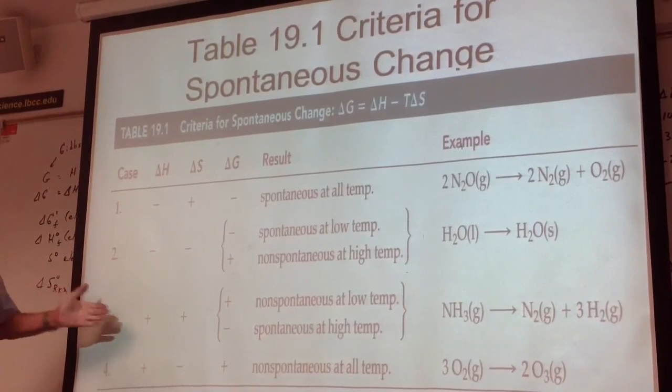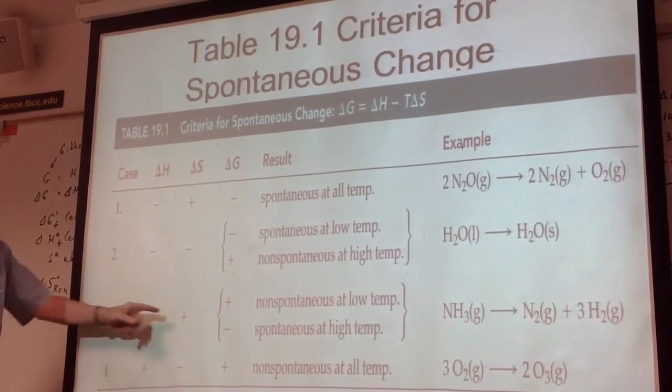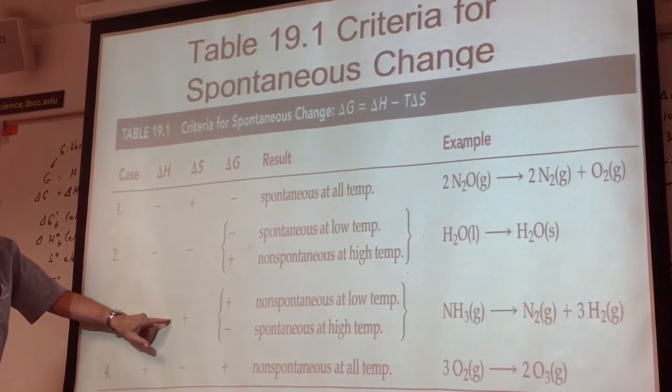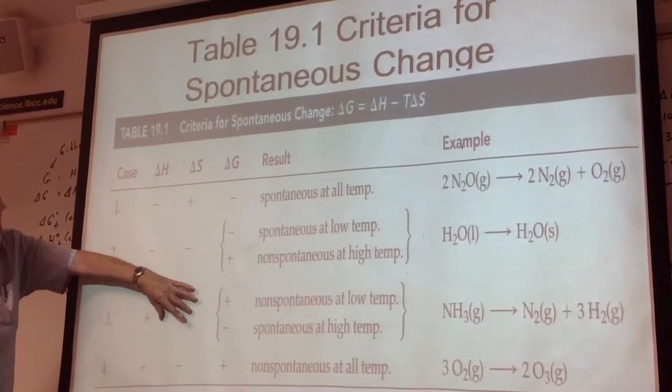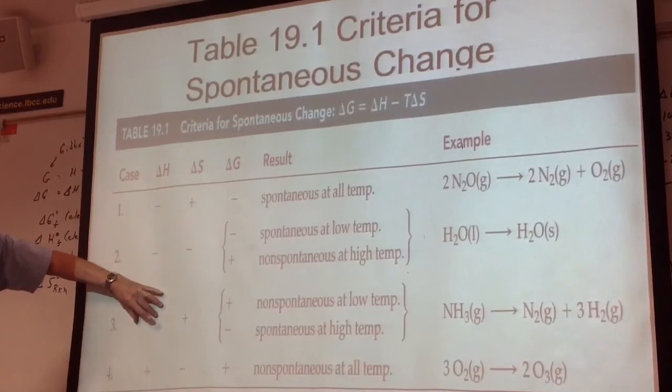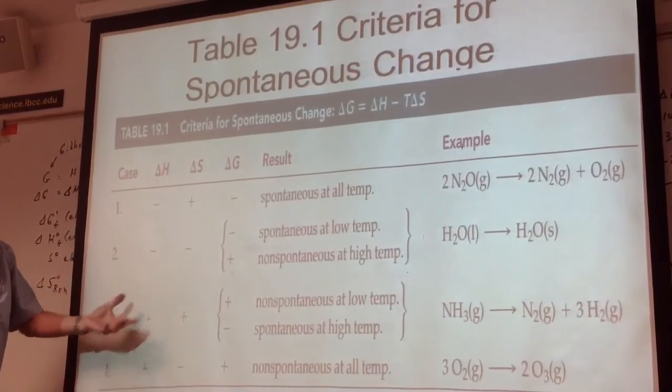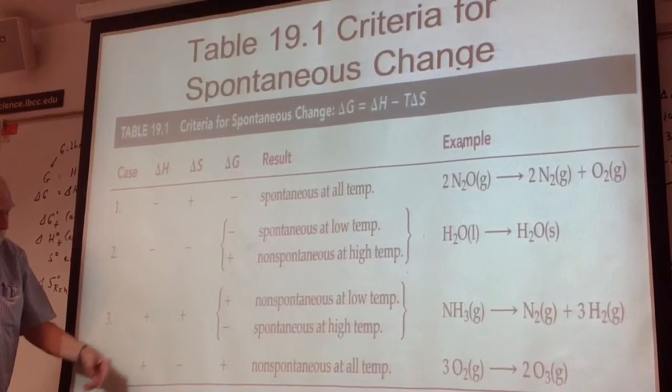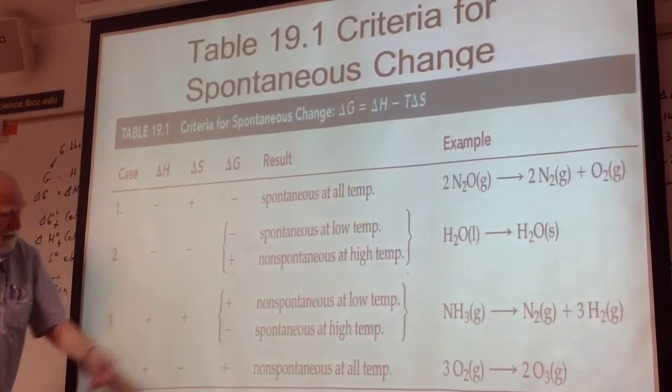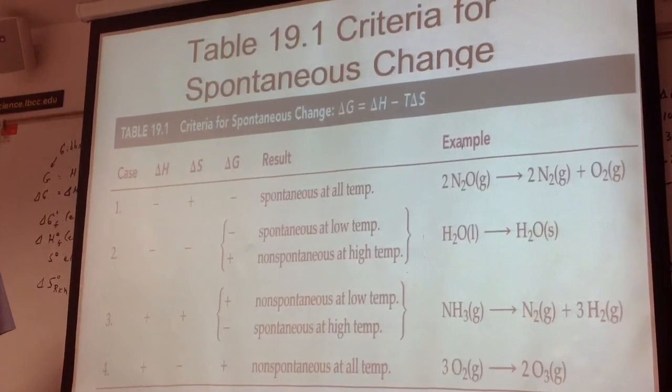And the reverse of that, if they're both spontaneous, as you raise the temperature, since there's a minus in front of T delta S, this number is going to get bigger and bigger until it's bigger than this one, and now you have a lot smaller, more negative number, let's put it like that. So it's going to be spontaneous at high temperature, non-spontaneous at low temperature.